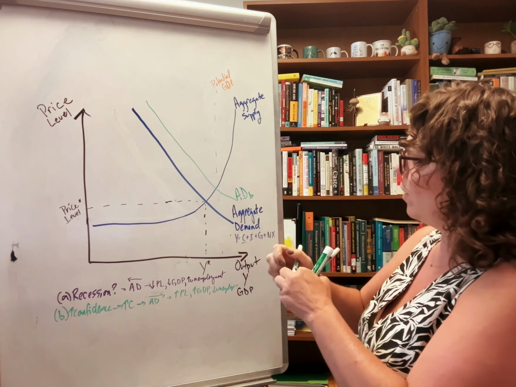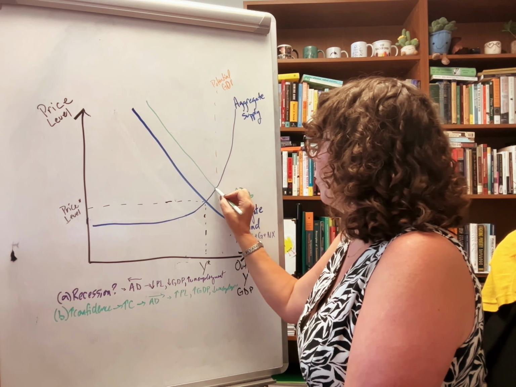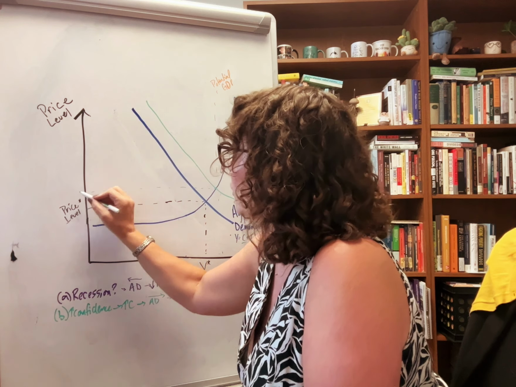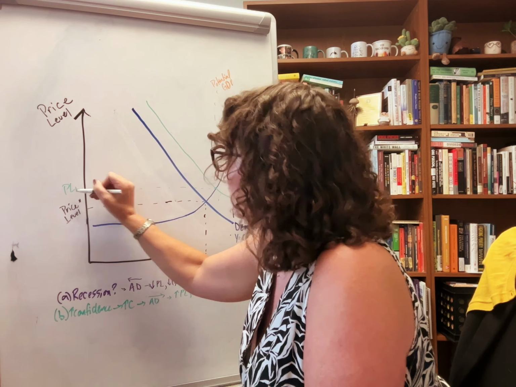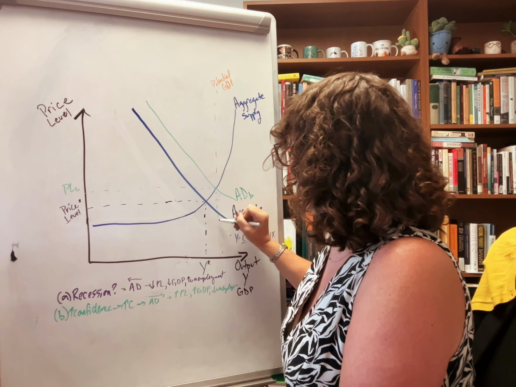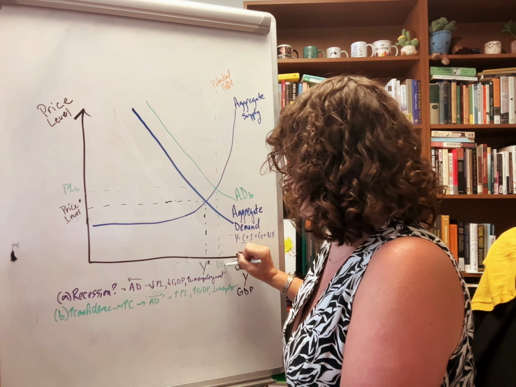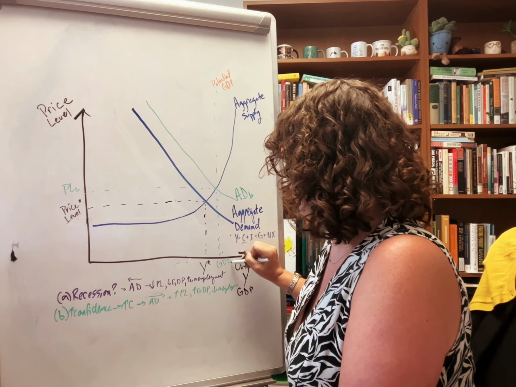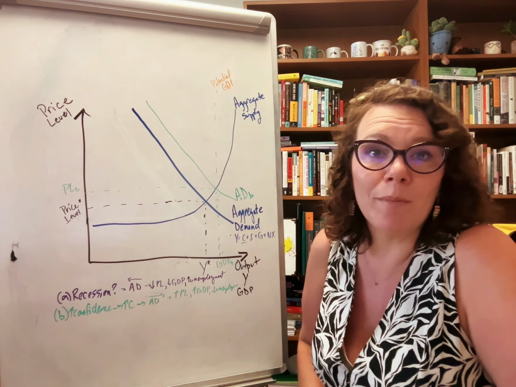And we can see that right here. The new equilibrium point is going to give us a higher price level and a higher rate of GDP. And when GDP goes up, we are going to see unemployment go down.